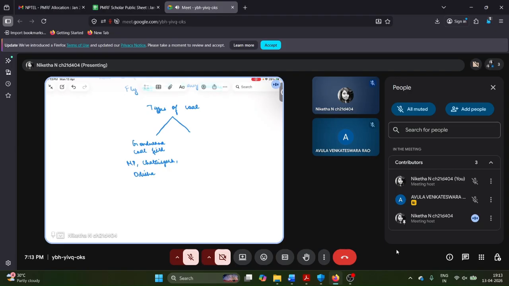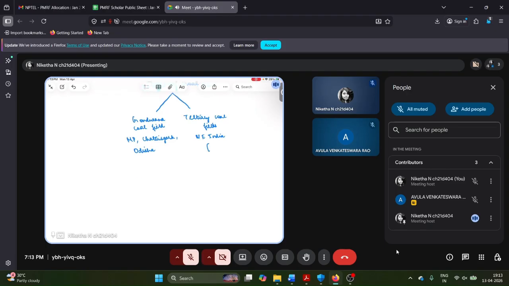And the next type that we have is tertiary coal fields. This is mostly found in northeast India, in places like Assam, etc. This constitutes only about 0.5%. So this is very minimal.